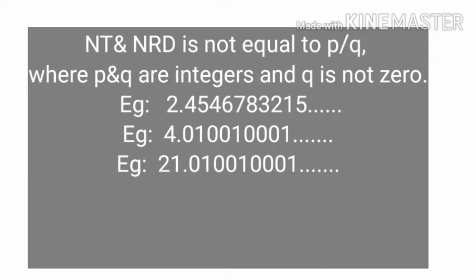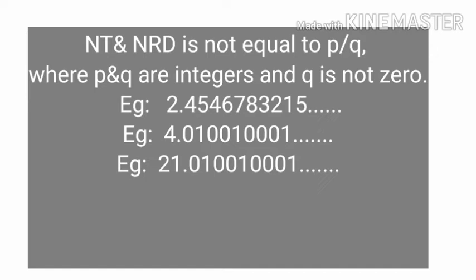Look at these examples. Here, these are the examples for non-terminating and non-repeating decimals. Okay? These are irrational numbers because these cannot be expressed in the form of P by Q, where P and Q are integers and Q is not equal to 0. Look at the first example.